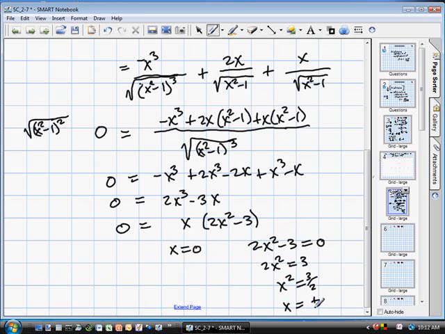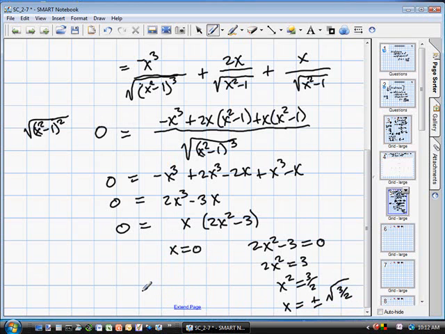Plus or minus the square root of 3/2. I don't know, did that all pretty fast, but according to this, I have 3 times when the second derivative will be 0. One of them is right over here. Don't forget about this guy at x equals 0. And then x equals plus the square root of 1.5, and x equals minus the square root of 1.5.